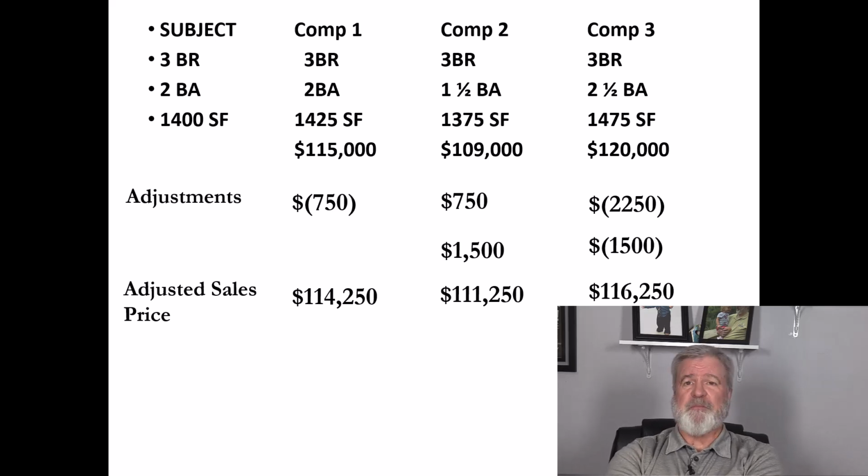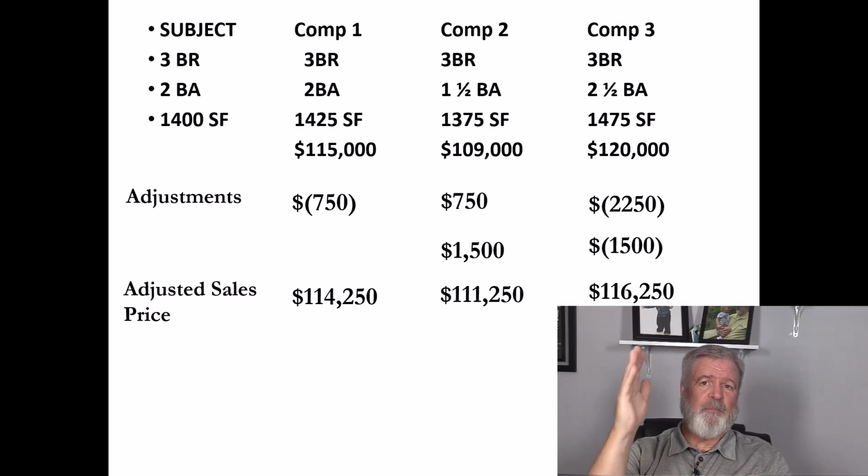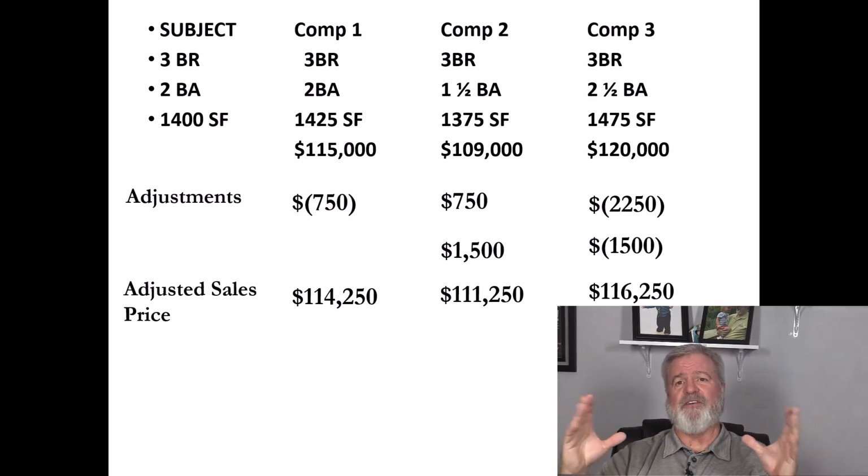No, it depends on the property. It might be worth $5,000 in a $200,000 home, but it's going to be worth a whole lot more than that in an $800,000 home. So there's no way to just say bathrooms are this, a fireplace is worth that. There are just a lot of variables that go into this.